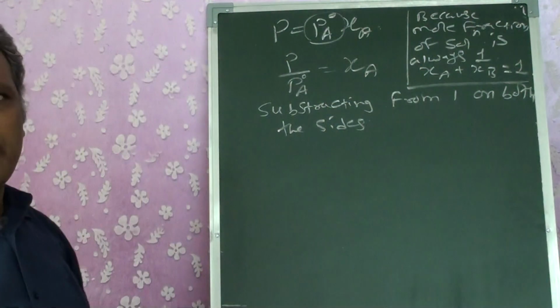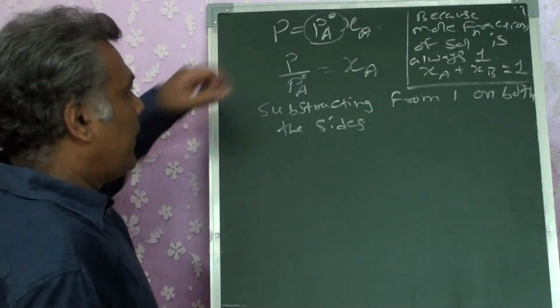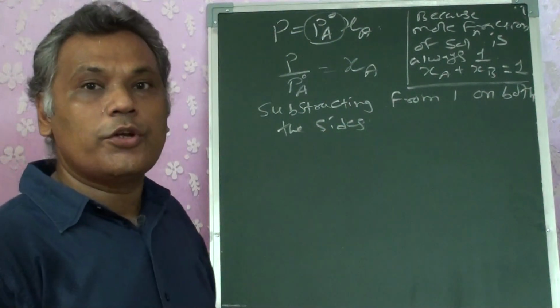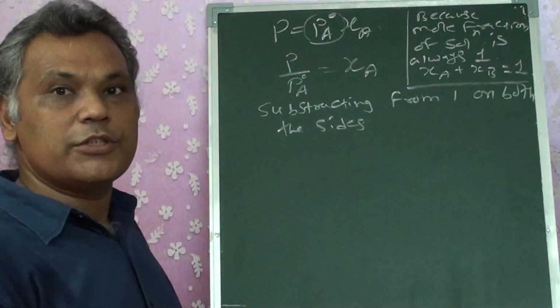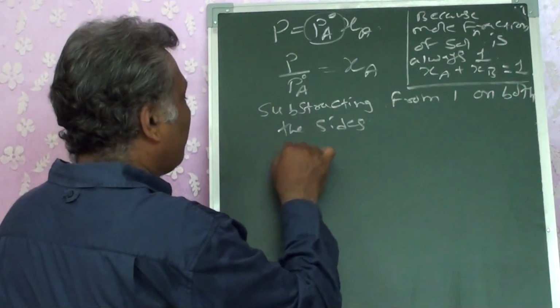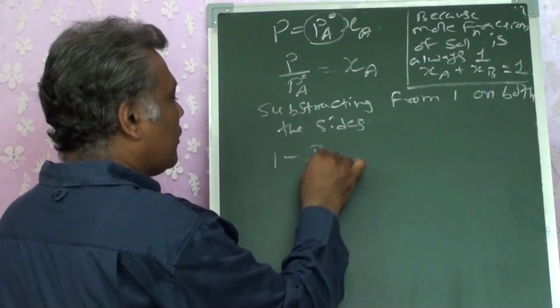This we are already aware of. Now, this is particularly for the given component. I want to study for solution. So, I want to find out the change in the solution, and that's the reason why we are subtracting it from 1 on both the sides.